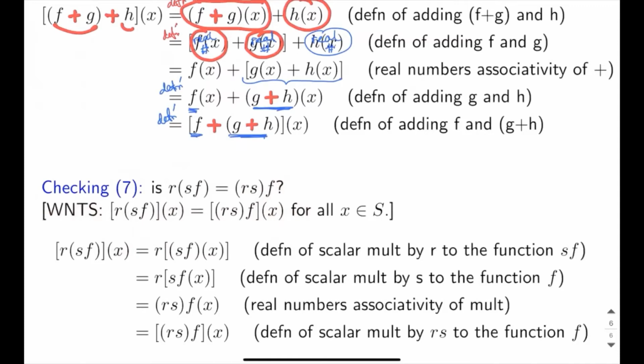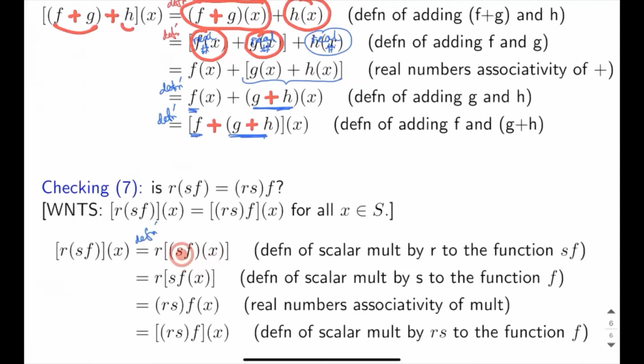We have a function with the input x. This function is created by scalarly multiplying the real number r with a function sf. So by the definition of scalar multiplication, we are going to multiply r with the output sf of x. Now look at the inside part here.